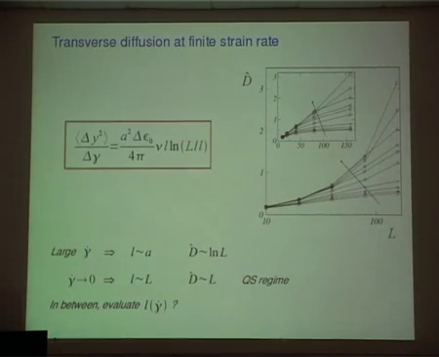Now, in the AQS limit, we had found that the avalanches were scaling like capital L. So if avalanches do scale like capital L, have a typical length scale which is only set by the system size, then we should find that if you plug in capital L here, d hat corresponds to capital L. So essentially, that's what we see. We see a strong strain rate dependence of the diffusion constants, and this is just an effect of the correlations.